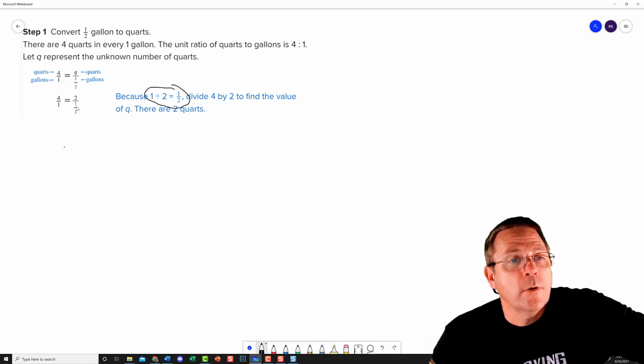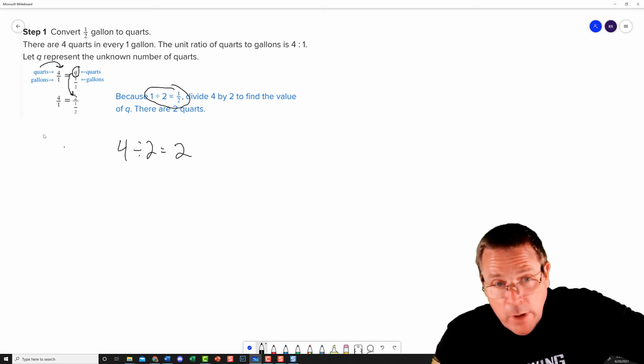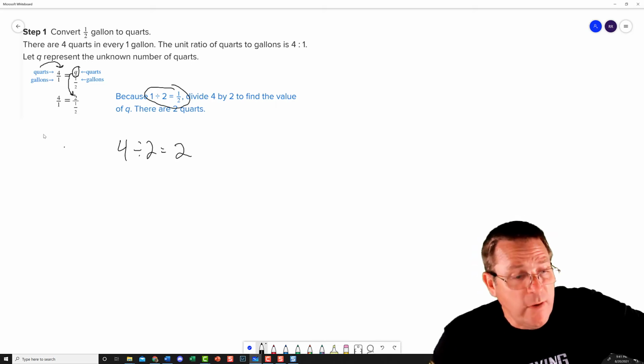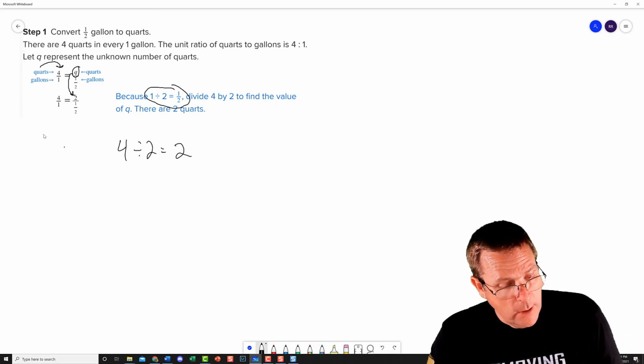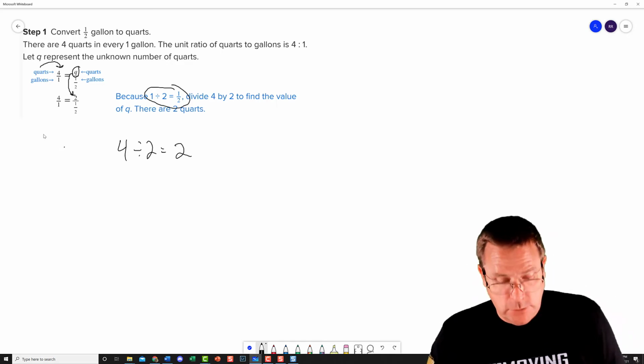That part's important because if I took this number 1 and divided it by 2 to get a half gallon, that means I have to take that number 4 and divide it by 2, and that means that I have got 2 quarts, and that's the reason your quarts became 2 right there. But we are just getting started on this. We've got a long way to go in order to get to the ounces.